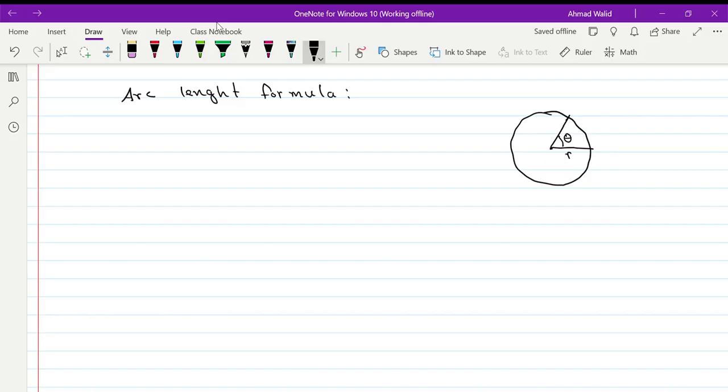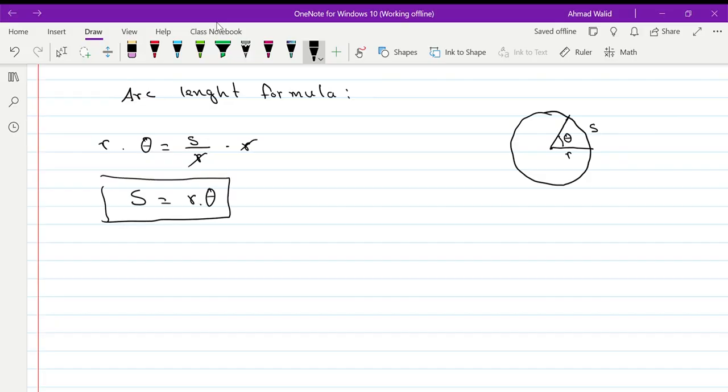This is R, this is S. We already know that theta equals S over R. If you multiply both sides by R, you see your S equals R theta, or theta times R. This is the formula that you can calculate the arc length, if the radius is given to you, and if you know the measure of your angle in radian. Correct?